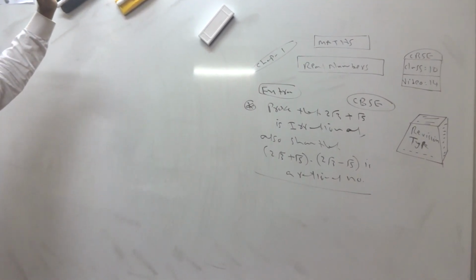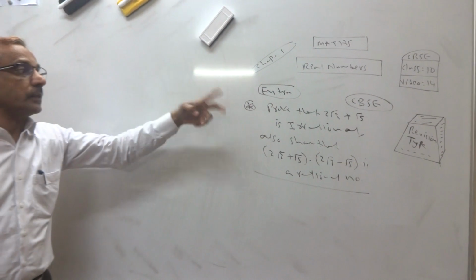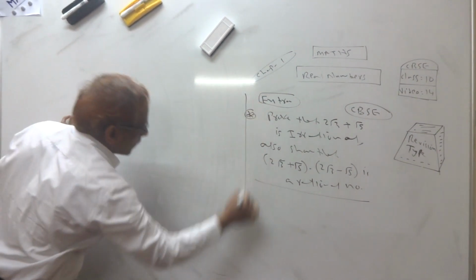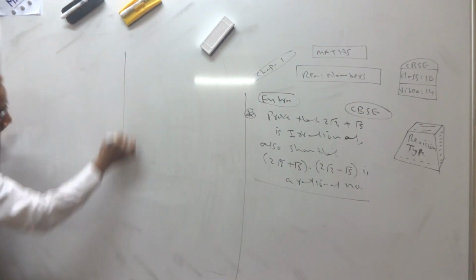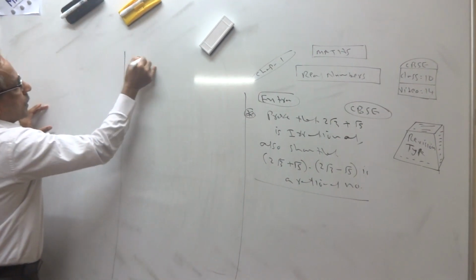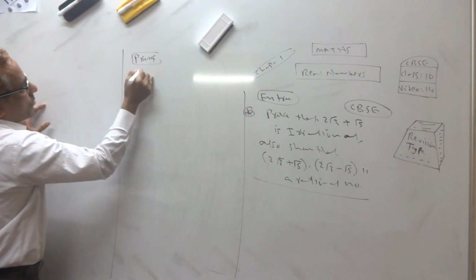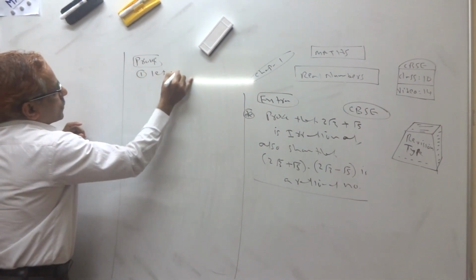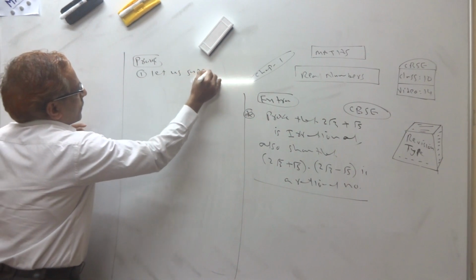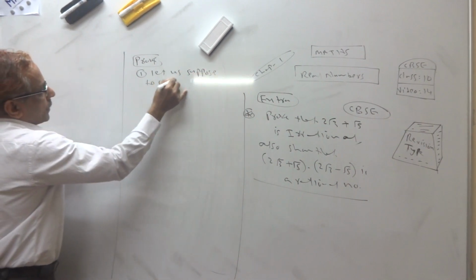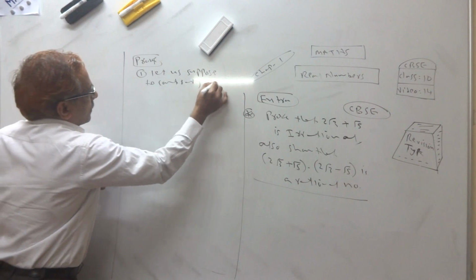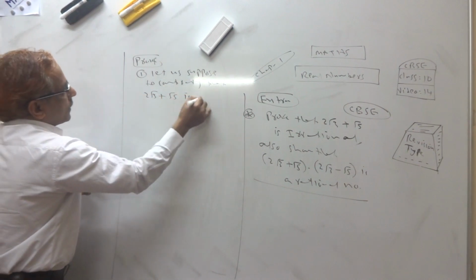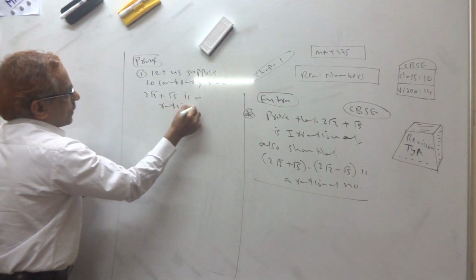Long question. This we have in the third exercise this time. You know that for this kind of question, the method is what? It's a long answer type. There are two questions. First bit, let us suppose to the contrary that 2 root 3 plus root 5 is a rational number.